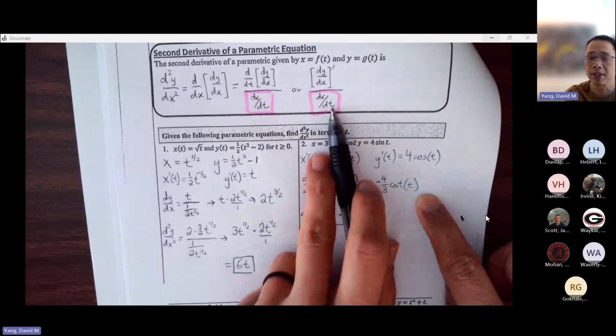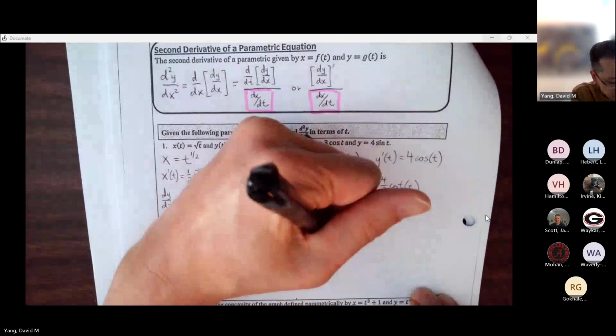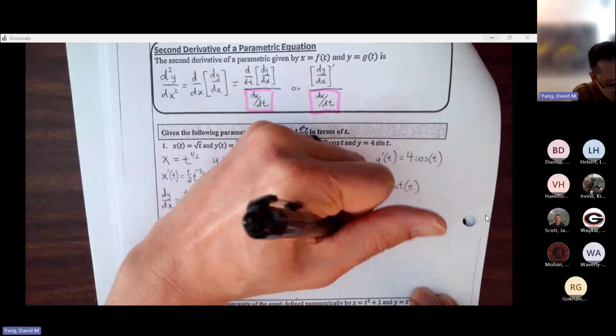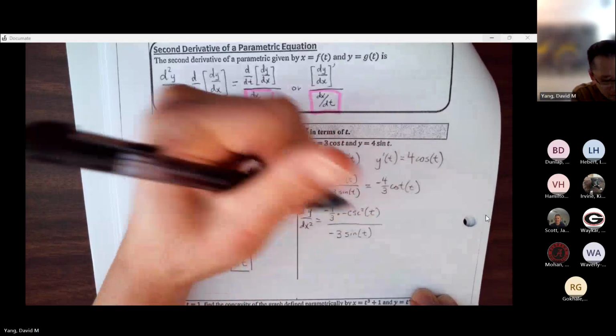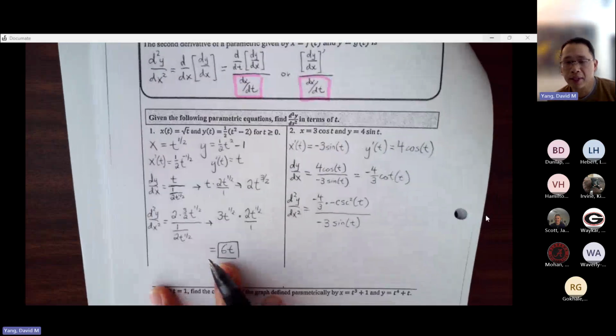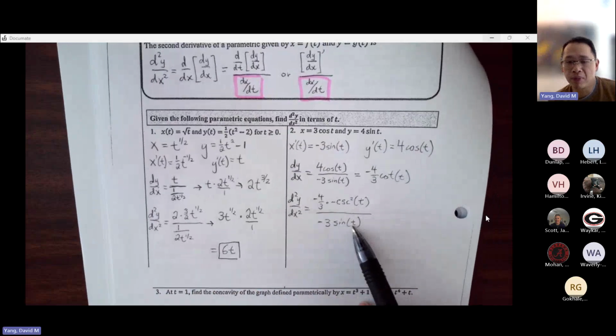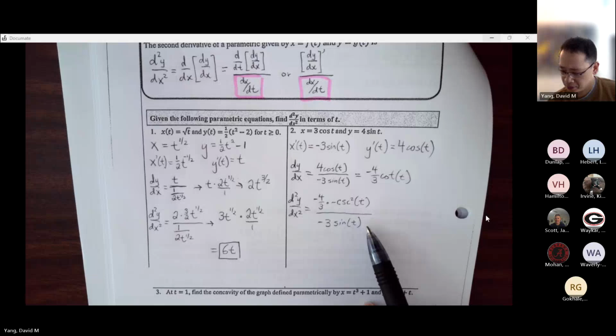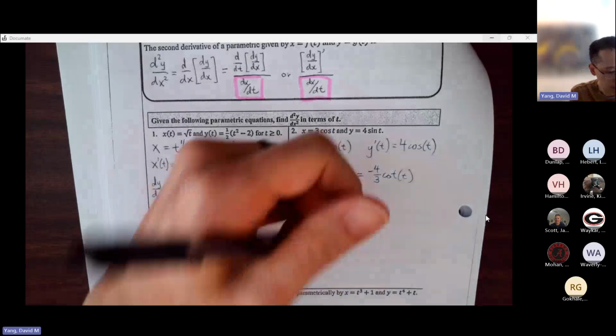And then don't forget about this dx dt here, divided by -3 sine of t. To clean this up, I'm going to flip this sign up, or you can make this cosecant square come down either way. So there's multiple ways to represent this answer here.